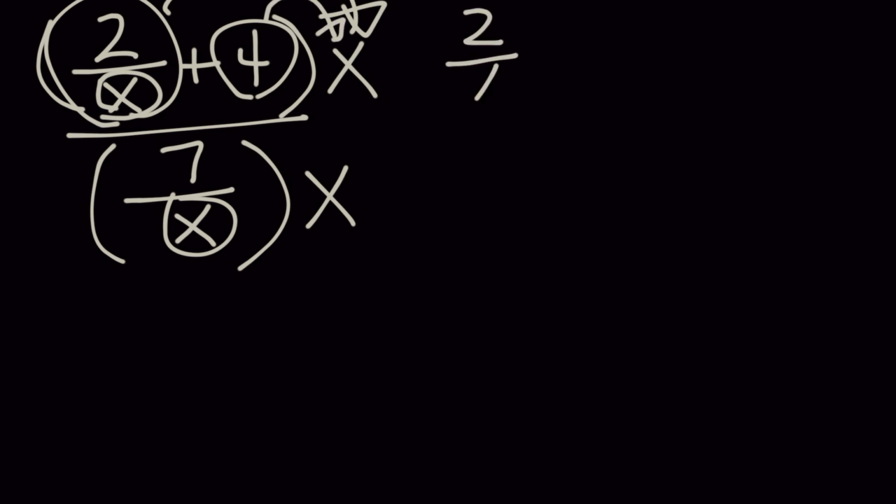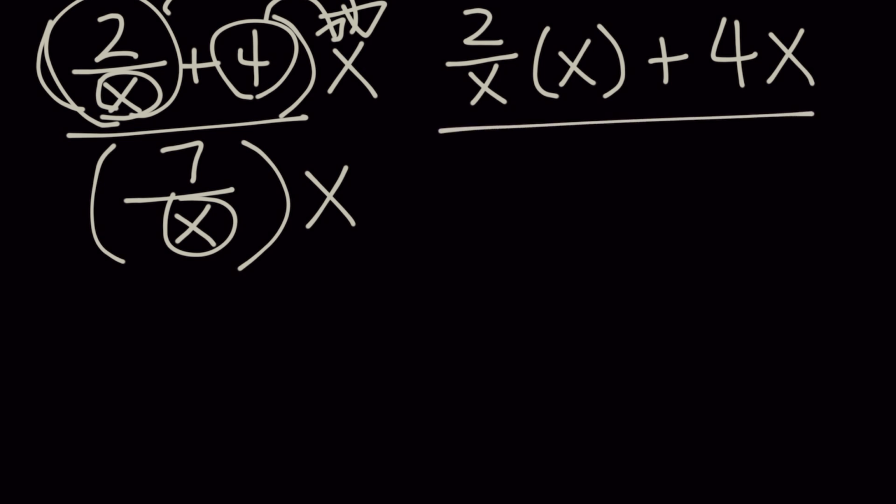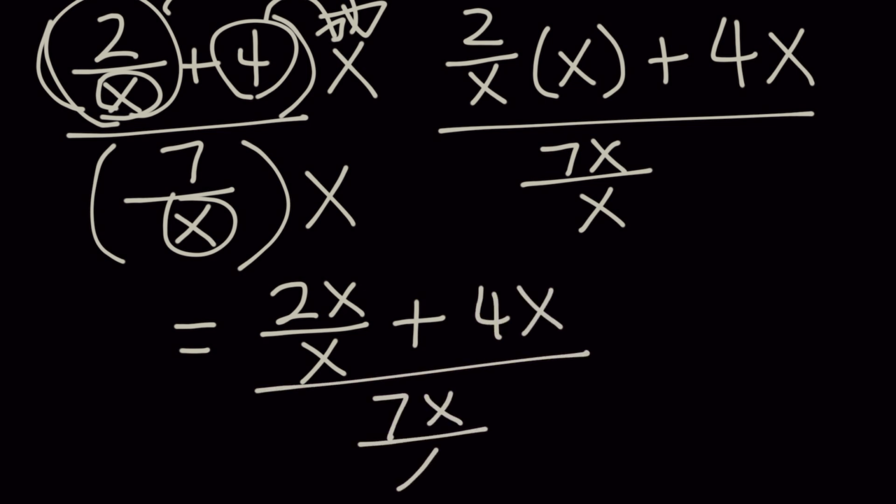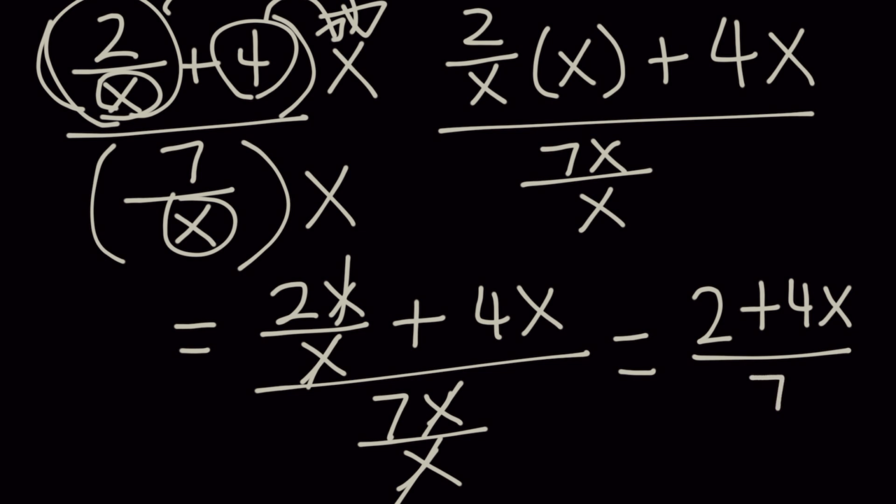So we have 2x times x, and then we have plus 4x. And the denominator would just be 7x over x. So if we rewrite this, we will have 2x over x plus 4x over 7x over x. So we can cross out the x and the x here, and that leaves us with 2 plus 4x over 7. And that is our answer.